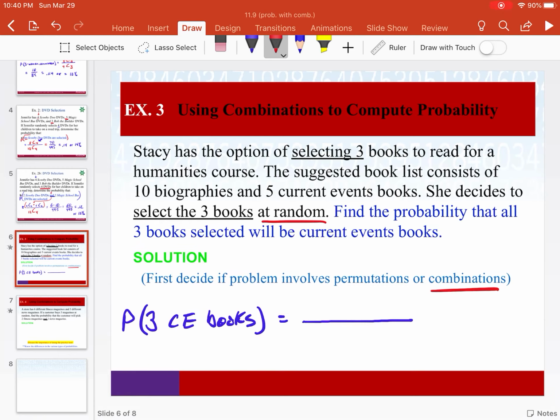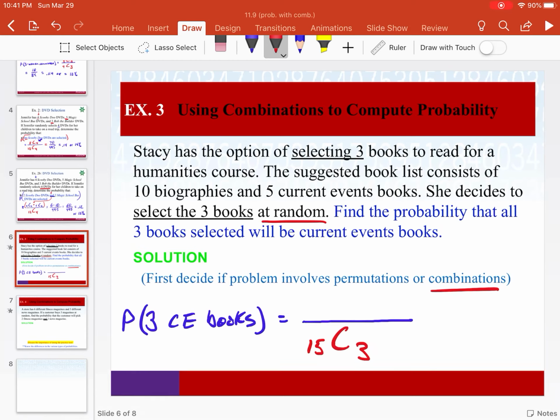Well, groups, right? That's going to be a combination. And how many total books are there? 5 current events and 10 biographies. Remember, the bottom is not concerned about the specific result. That's the top. So 15, and how many are in our group? 3.